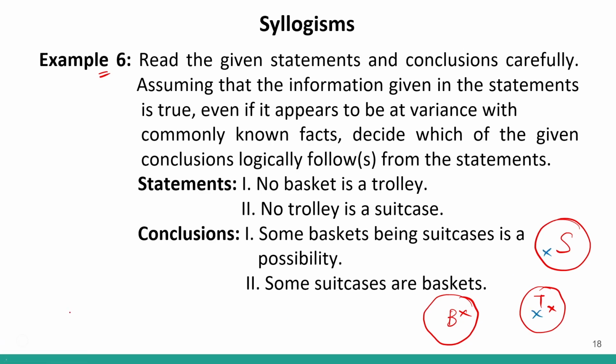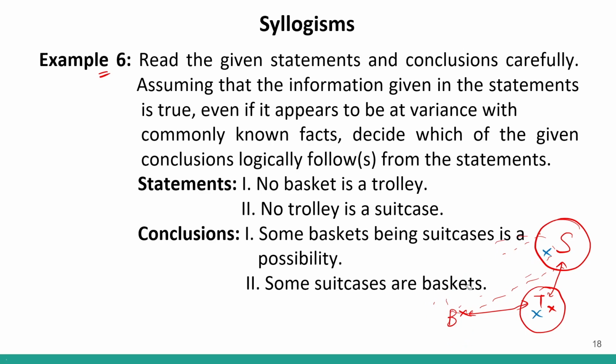Now there is no restriction on basket and suitcase to overlap. They can overlap. Suitcase can be like this and basket can be like this also. There is a restriction between B and T and between T and S. Okay.